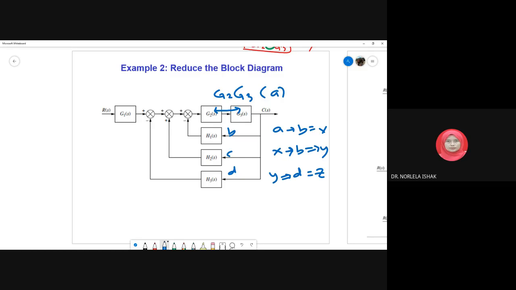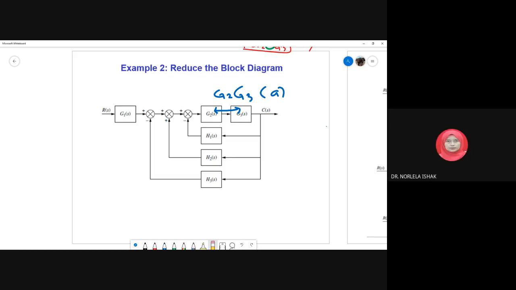Can anybody see another method instead of feedback three times? Who can see another method we can use to solve H1, H2, H3 instead of feedback? Settle the feedback first, H1, H2 and H3.